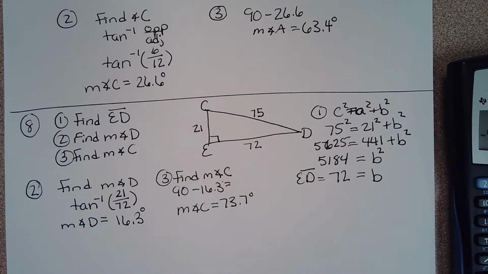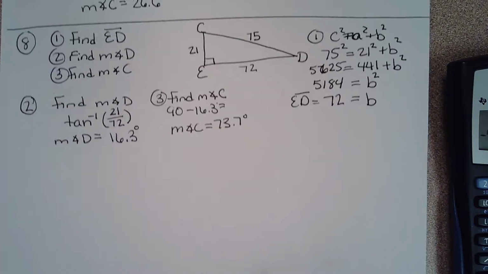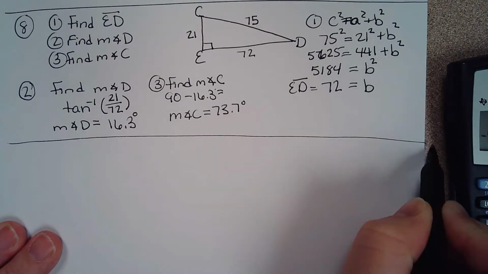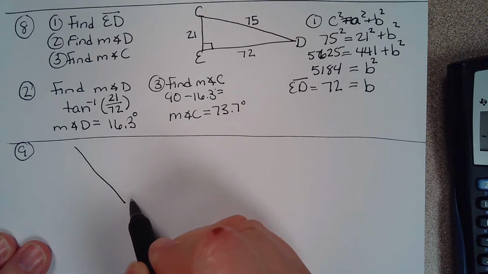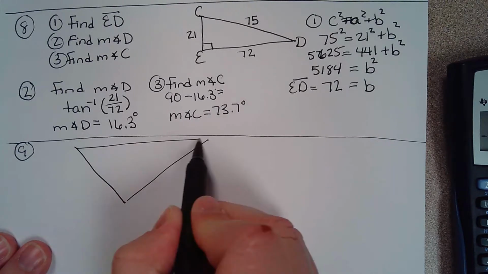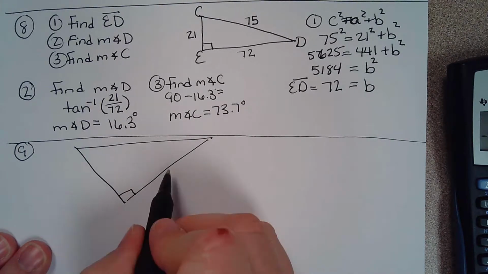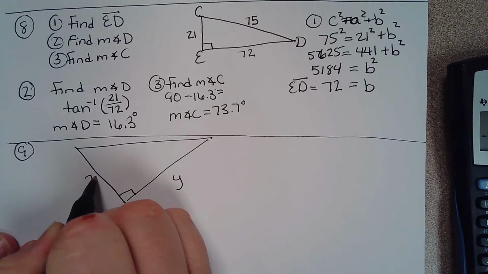So for number 9 and 10, these are 2 different things that we are looking for. So we're not going to treat them the same as 7 and 8. So for number 9, once again, we have this lovely triangle. There's my right angle. This is Y. This is X. This way we have it labeled.